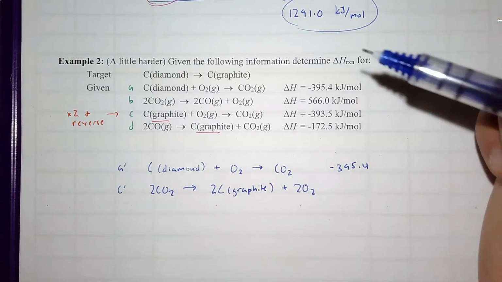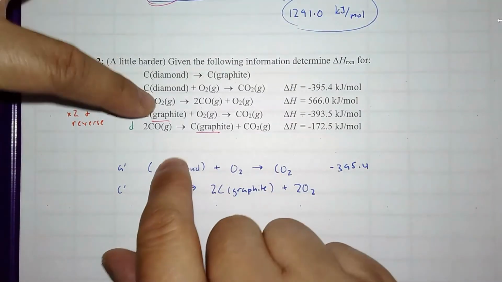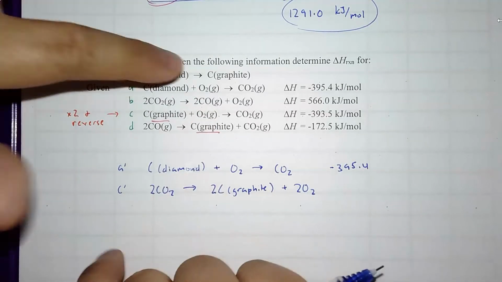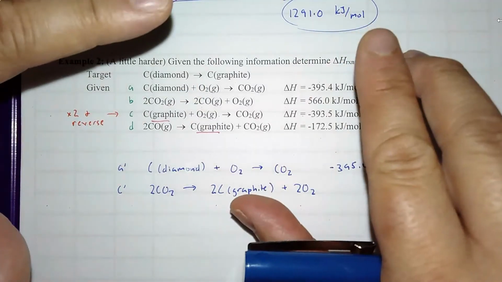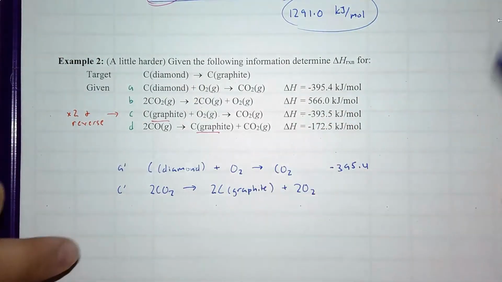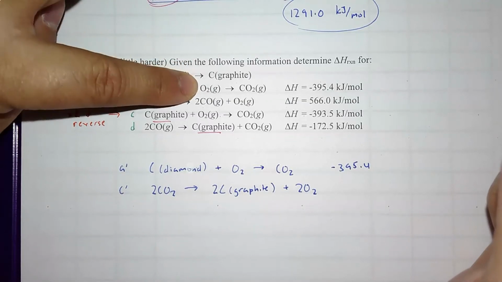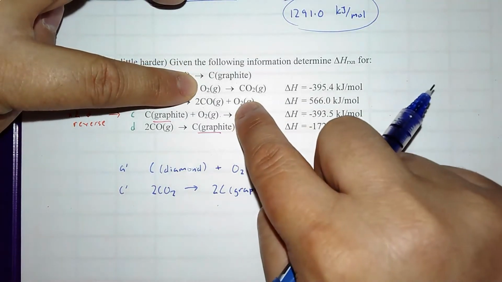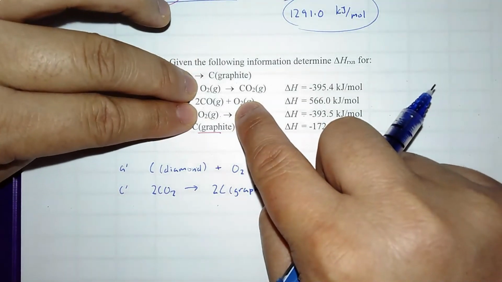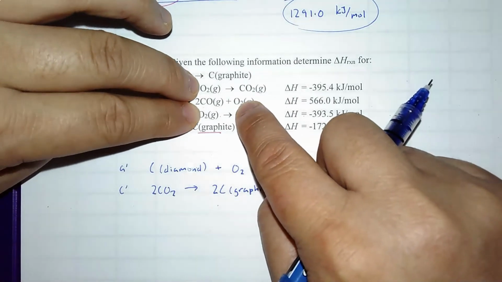Yeah, initially my head was spinning because I have CO2s, I have COs, I have O2s. All of those have to cancel out. The other thing is, let's take a look at O2. I have O2 here, O2 here, and O2 here. I have an odd number of O2.